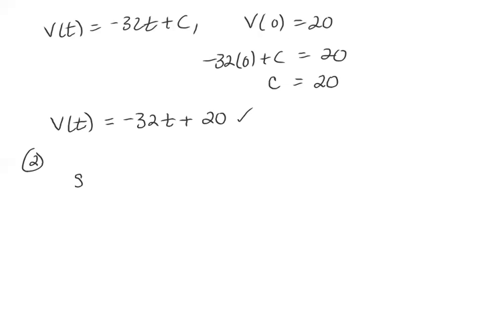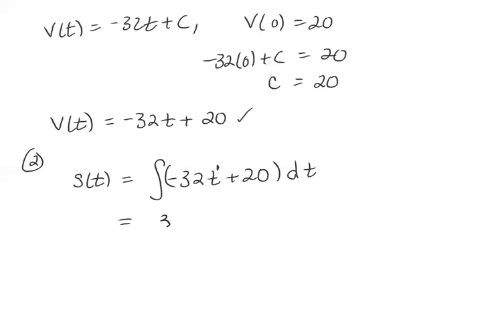I know that s of t, the position function, is equal to the antiderivative of the velocity function, which is negative 32t plus 20, with respect to t. I'm going to apply my rules of antidifferentiation. This is t to the 1 power.